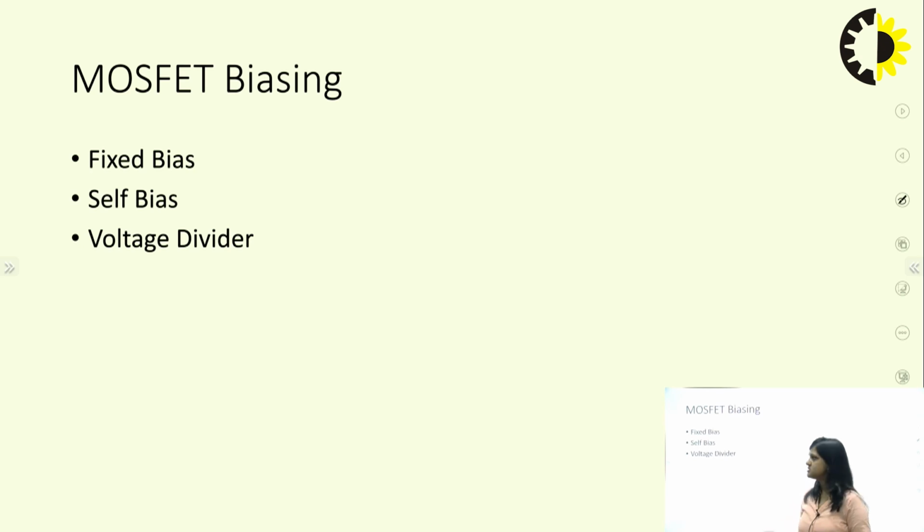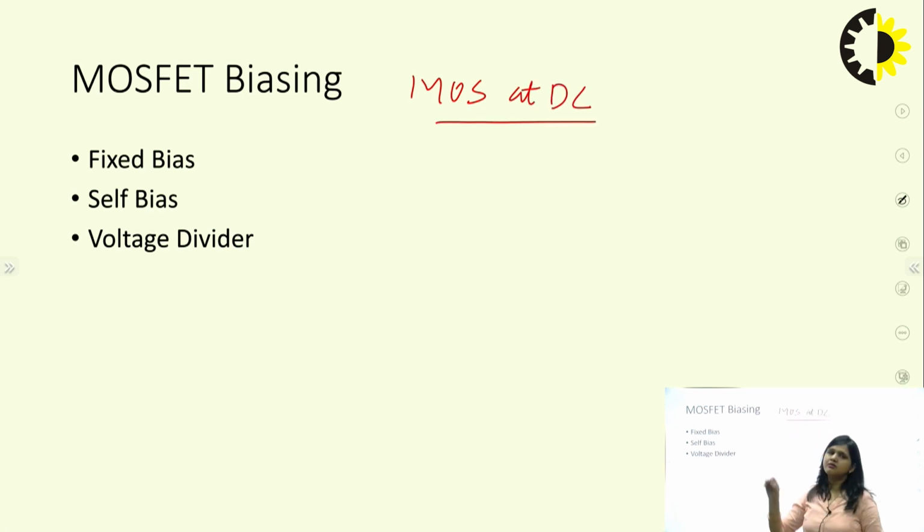This MOS biasing is also known as MOS circuit at DC, because biasing is known as the DC analysis. Basically, biasing refers to the DC analysis of any circuit. So for the biasing purpose, first thing is, if there is any capacitor in the circuit, we have to open circuit these capacitors.